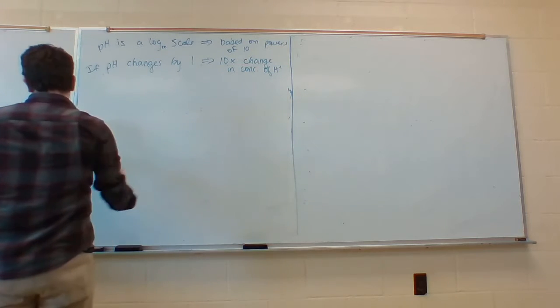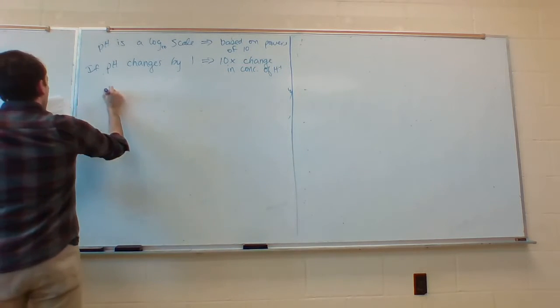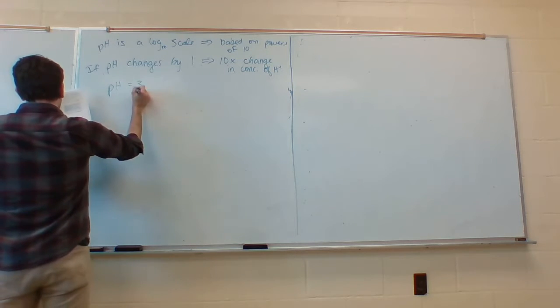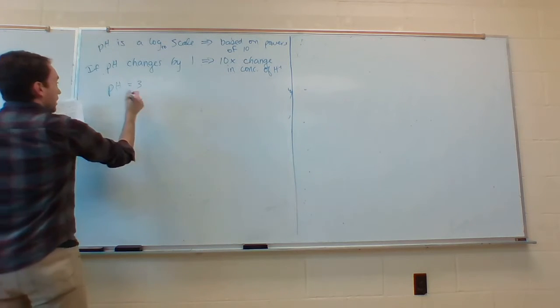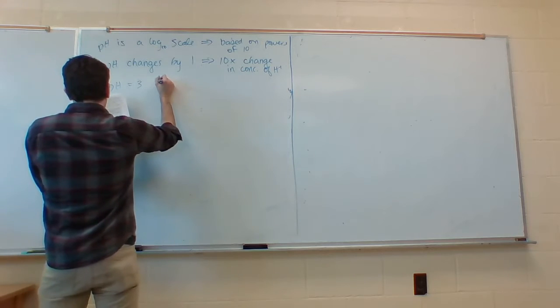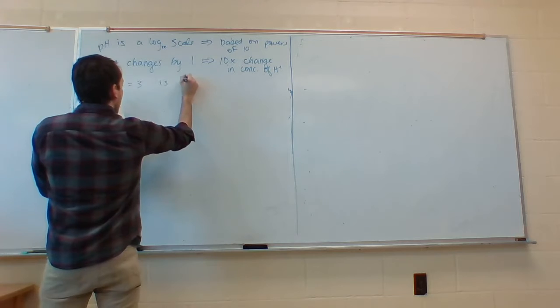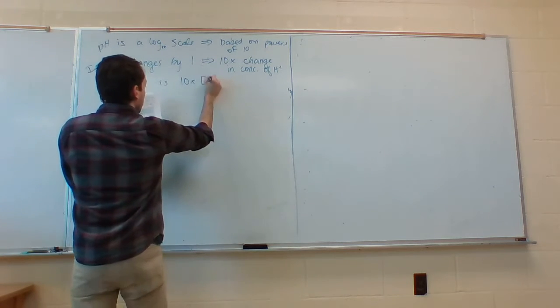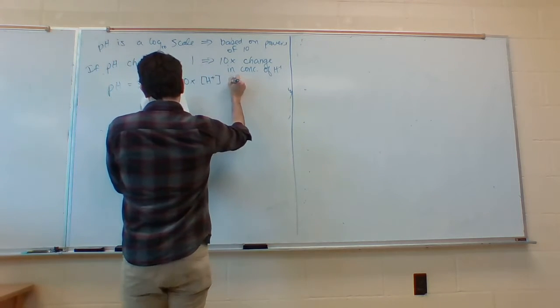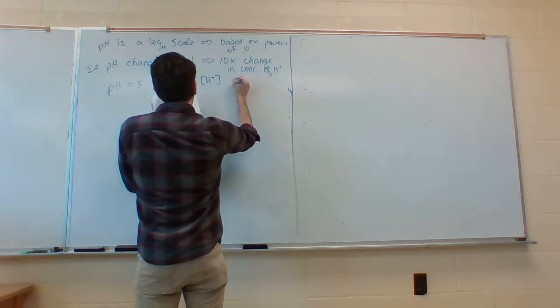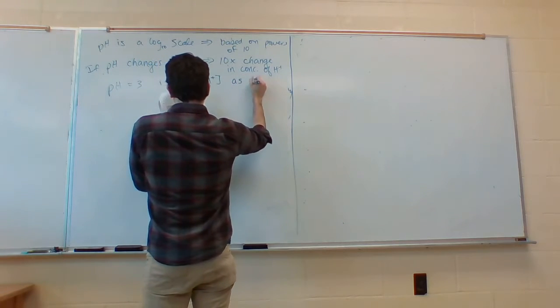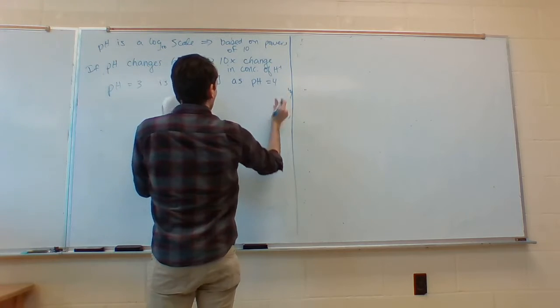So let's say that we had a pH equal to 3. That means that a pH of 3 is 10 times the concentration of H+ as a pH equal to 4.